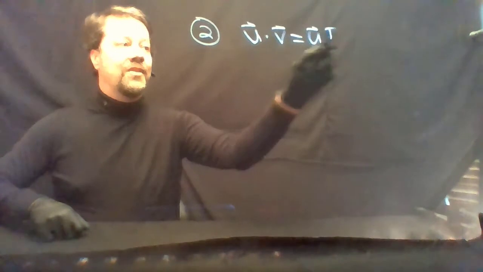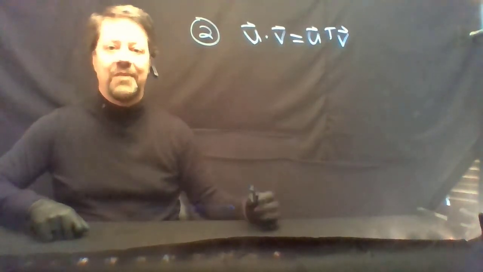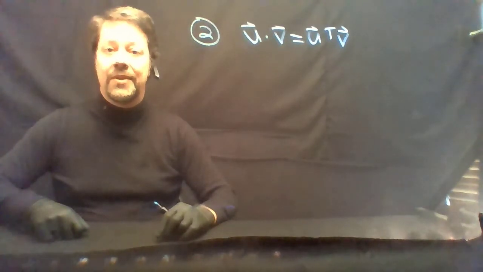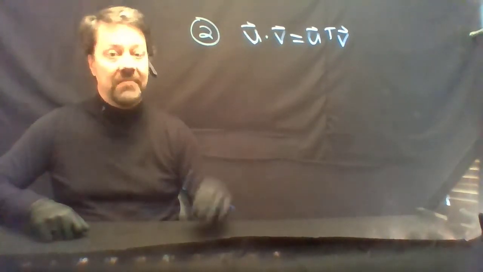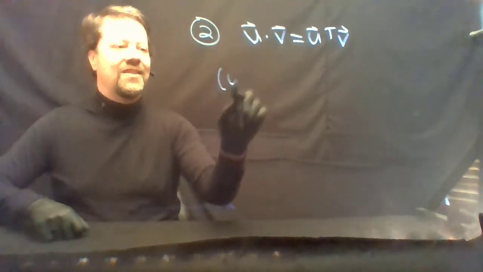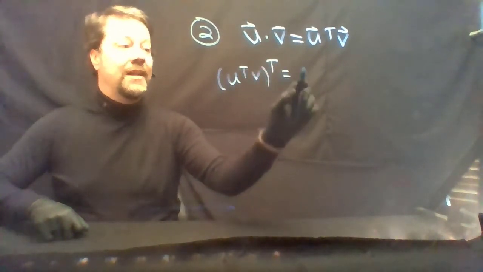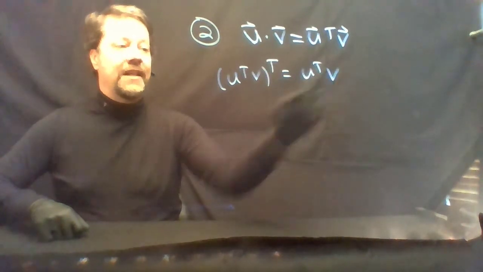On property 2, there's a simple proof. Let's suppose u dot v is u transpose v, which we know it to be. This is a real number. The transpose of a 1-by-1 matrix is itself. So u transpose v transpose is u transpose v.